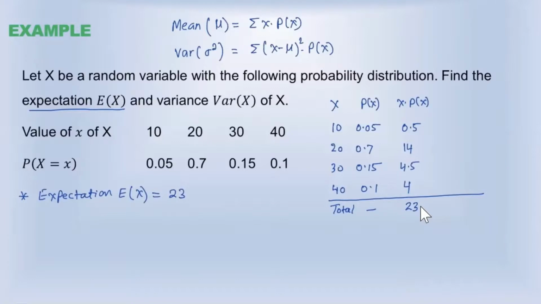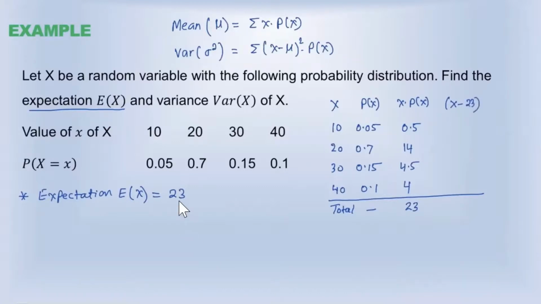Now next, we are asked to find the variance. Variance is given by this formula. We need to find x minus mean squared, then times p of x. So in the next column, we are going to find x minus the mean. Our mean is 23, so x minus 23.